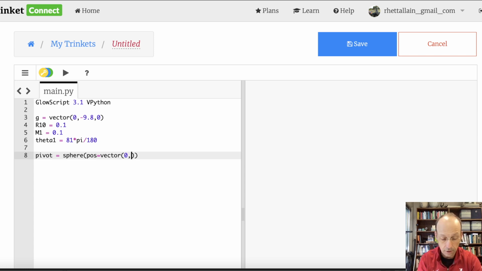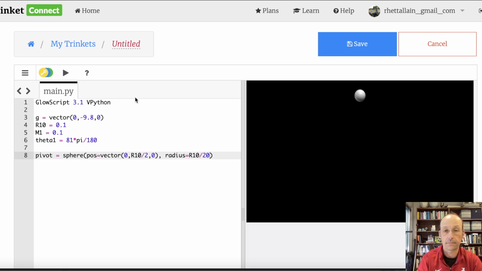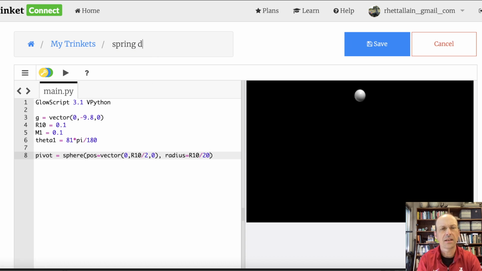So it's going to be 0, R10 over 2, 0. So it's shifted up. Now I need to give it a size. Let's just give it a size of R10 divided by 20. I don't know. And let's run that. And there's my pivot point. Everyone's happy. Yay. Okay. Spring double pendulum. I need to save it.